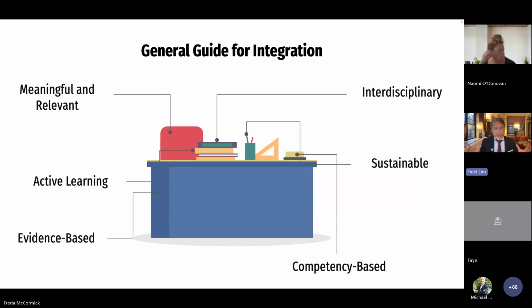So we want to put the topic that's meaningful and relevant, and we want to do it in an active learning, less passive lecture type, but rather more active learning ways, which we can talk about in the next few slides. We want to give them the science of what the evidence is. As much as possible, we would like to be in an interdisciplinary education.